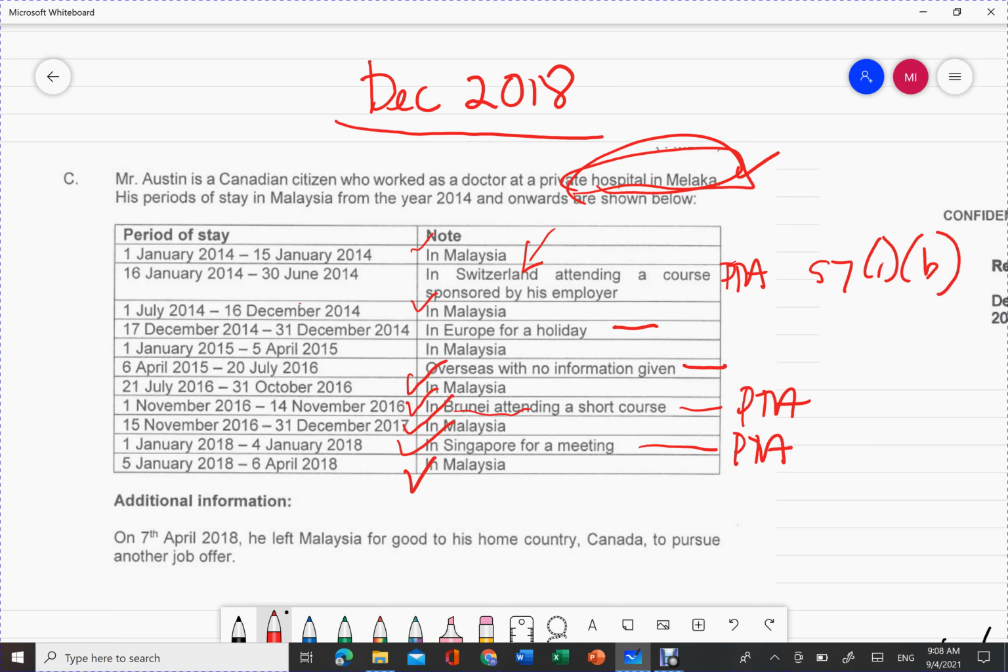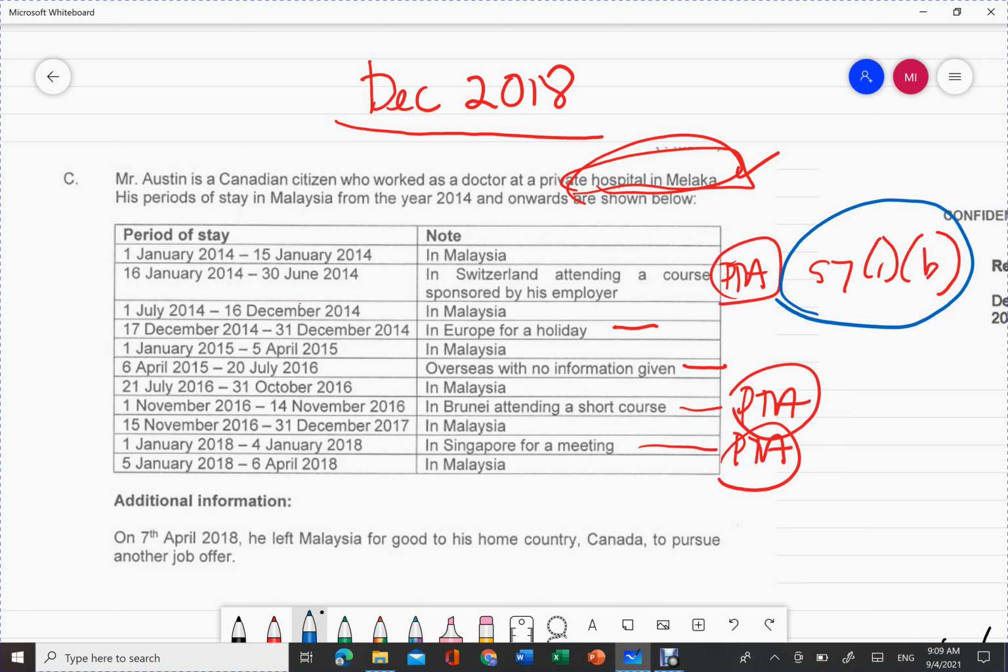So from the data given to us, there are 3 situations where he was not in Malaysia but we assume he was in Malaysia because it is a permitted temporary absence, but this permitted temporary absence is only applicable under section 7(1)(b).